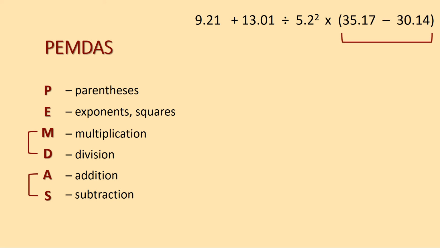We're going to subtract 30.14 from 35.17, and I'm going to rewrite the equation, and that intermediate solution is 5.03, and I'm going to put it in blue. With all intermediate solutions, we have to track the significant digits, which means we have to see which operation we performed to get the solution, and then apply those rules of significant figures.